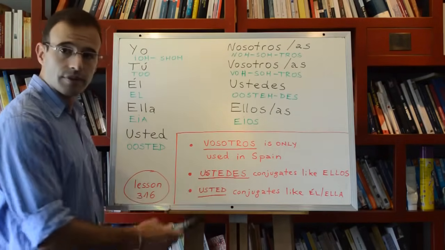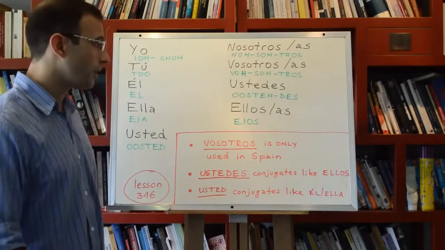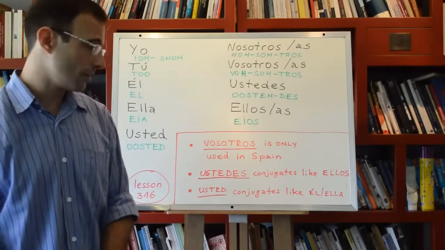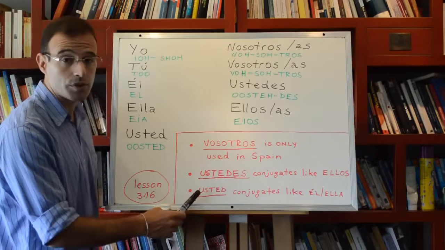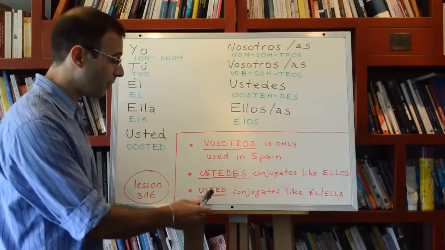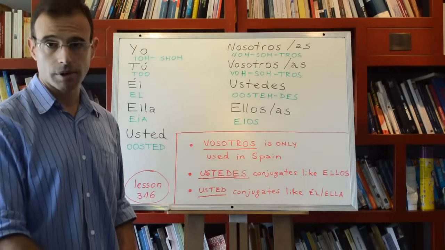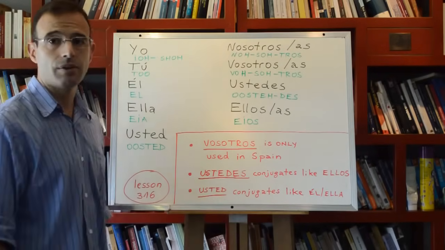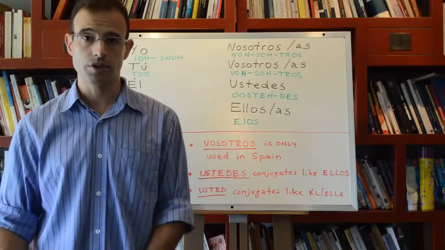Now, ustedes is conjugated the same as ellos or ellas, the same as they, okay? And usted, which is the singular of ustedes, right? Usted means you, formal. Usted is conjugated like él or ella, like he or she, okay?